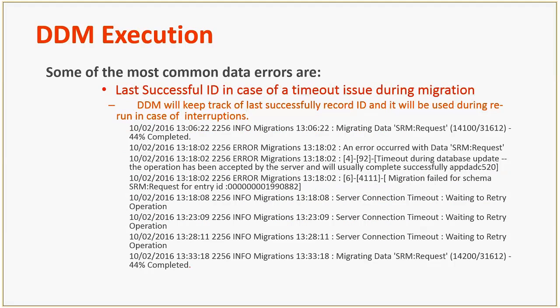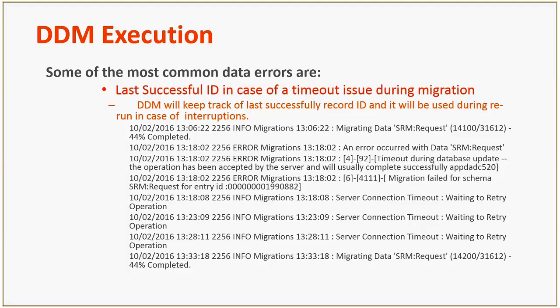Okay, so this is more like a feature we have, right? Let's say you're migrating data for a form, and then for some reason it timed out, the server timed out on you, or someone stopped the server, something like that. What DDM will do is capture the last successful ID, right? So when you rerun exactly with all the parameters in the same date range, it'll catch up from the record it left out.